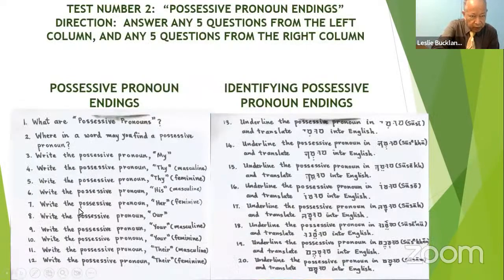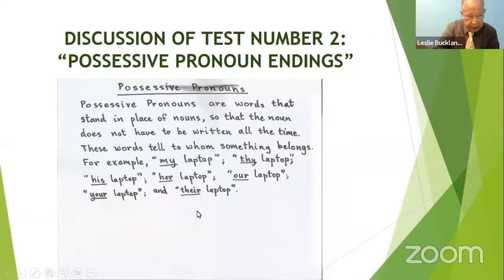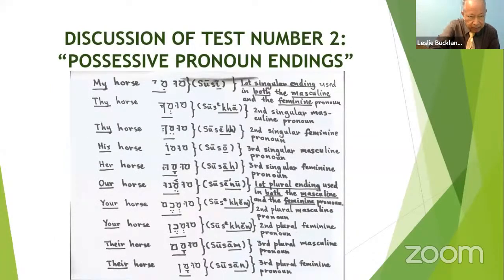Number 7, write the possessive pronoun her, feminine gender. And the answer is her. Here you have the kamets he ending, which is the sign of the feminine gender. And in addition, we have a dot in the middle of the letter, which we studied several trimesters ago.